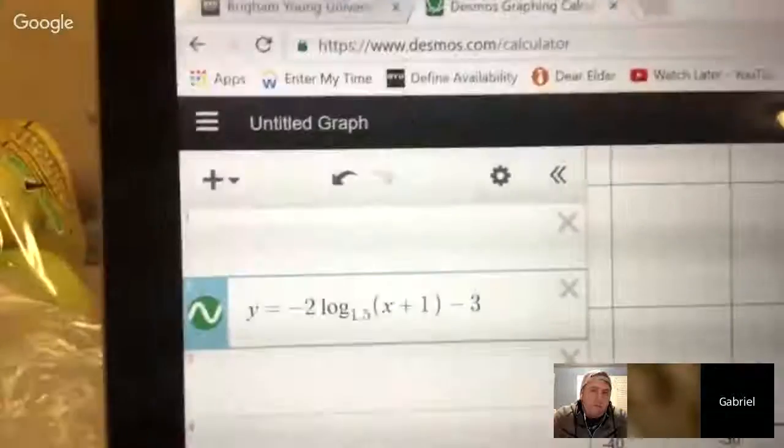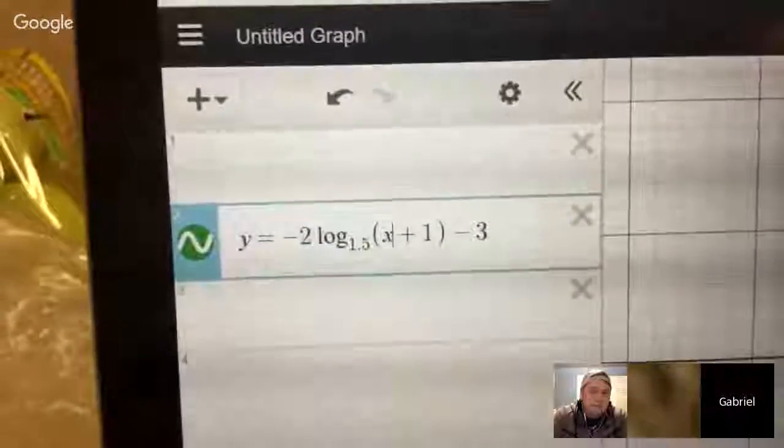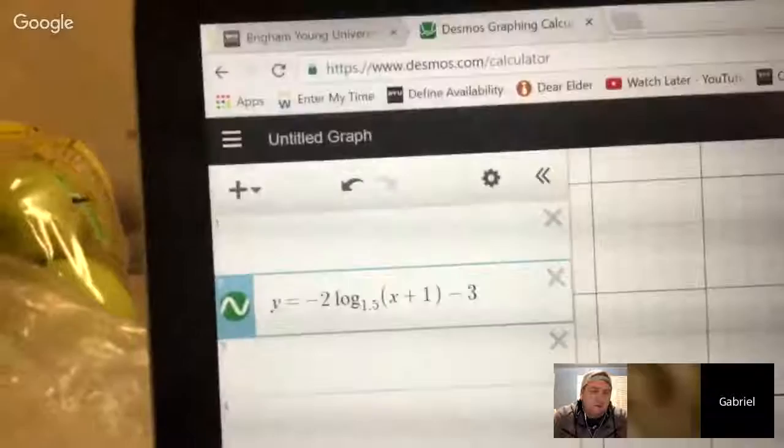Oh, okay. Look at what I have. It's completely different, but I don't know. Do you see that? And that is the function. No, that's not the function, though. The function's a half, not log 1.5.